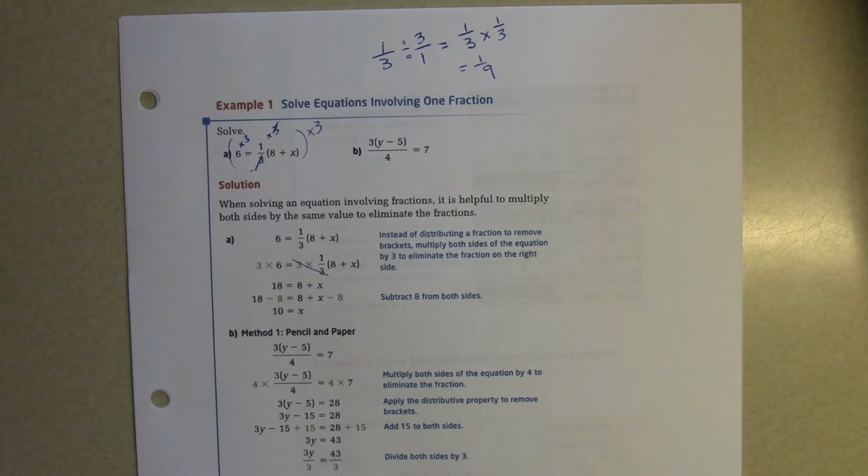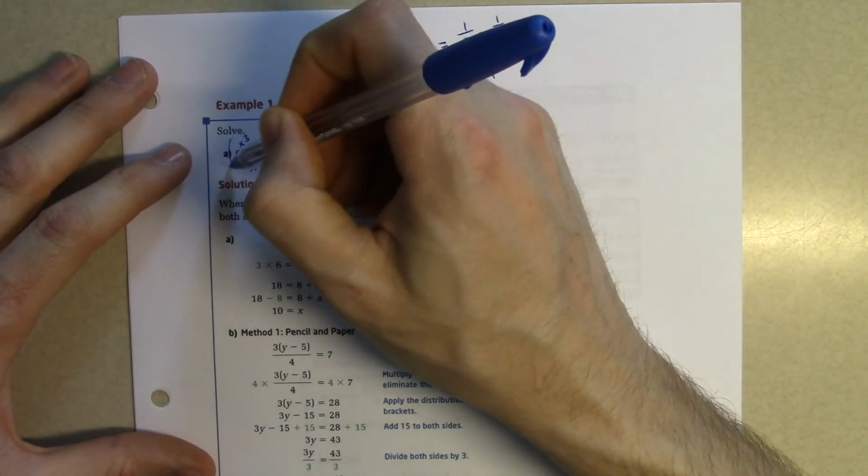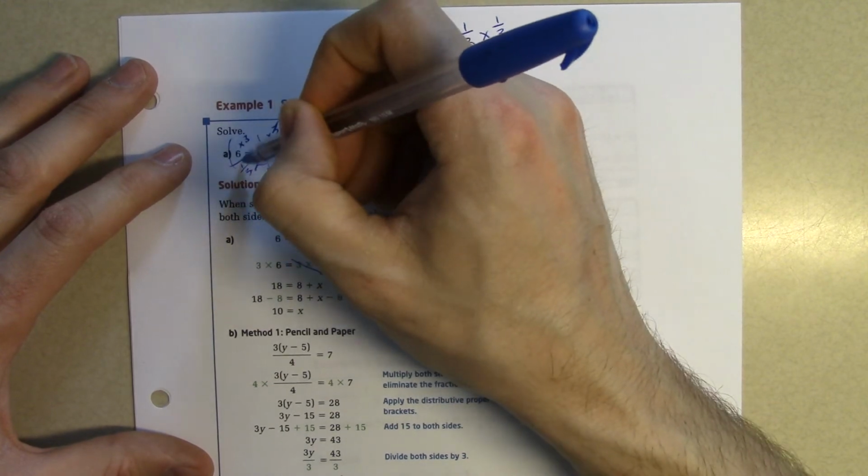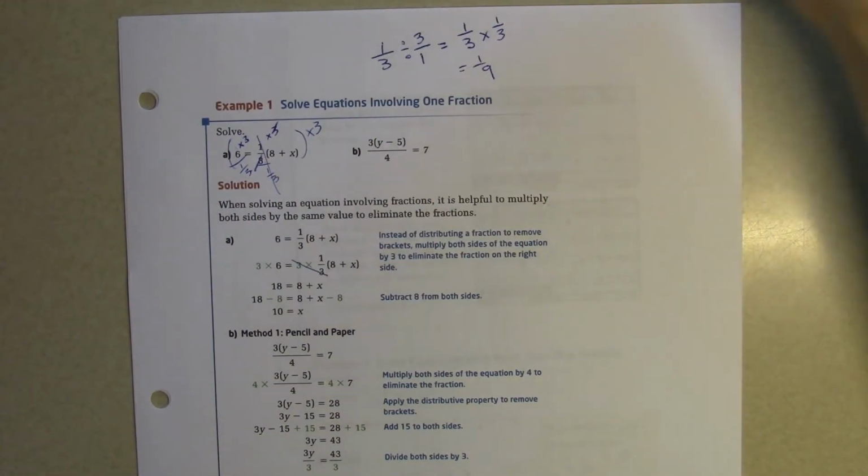Then it's 6 over 1 divided by 1 over 3, and that equals 18 over 1. You could, yeah. It's just a lot more complicated. You divide both sides by 1 over 3, so this becomes 1, and this becomes 6 times 3 over 1, which is 18.